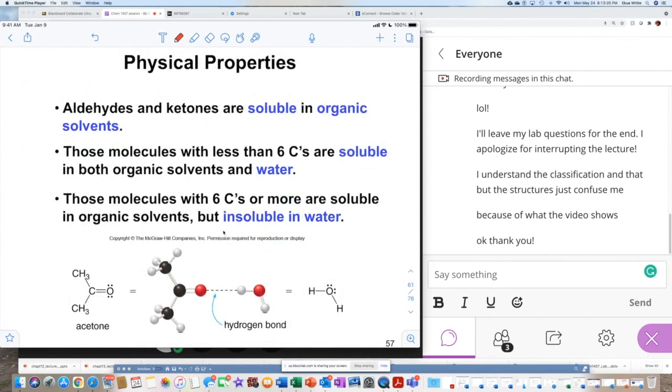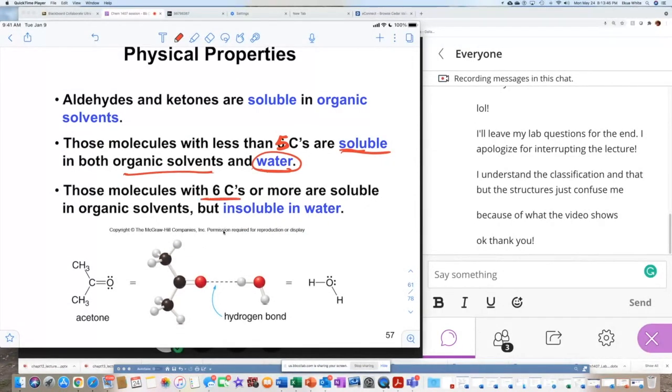Okay, so what about solubility? So the same rule we saw before. The safer one is 5 carbons or less. So if you have a molecule that has 5 carbons or less, these are soluble in both organic solvents and water. But our focus here is mostly water, right? It's soluble in water when it has 5 carbons or less for every carbonyl carbon.